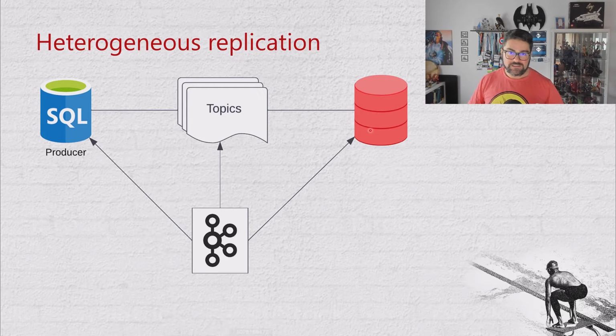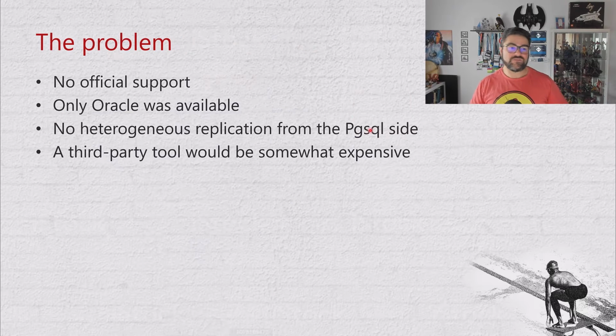But again, going back to the scenario I showed you guys at the beginning of this demo, we don't have support whatsoever from Postgres into SQL Server. There's no native support for that from the Microsoft perspective, nor from the Postgres organization perspective. The problem that we have in this scenario is this.